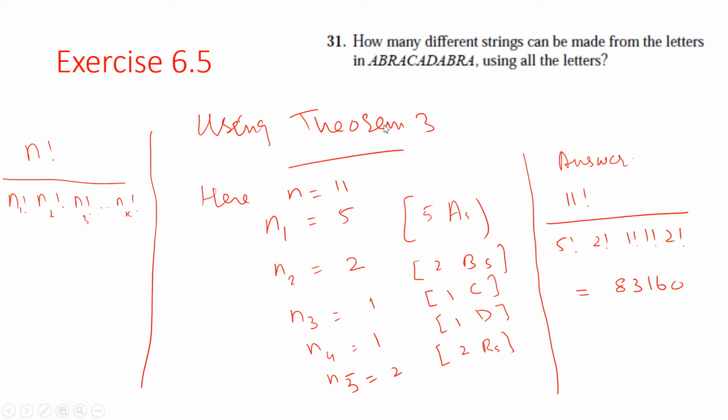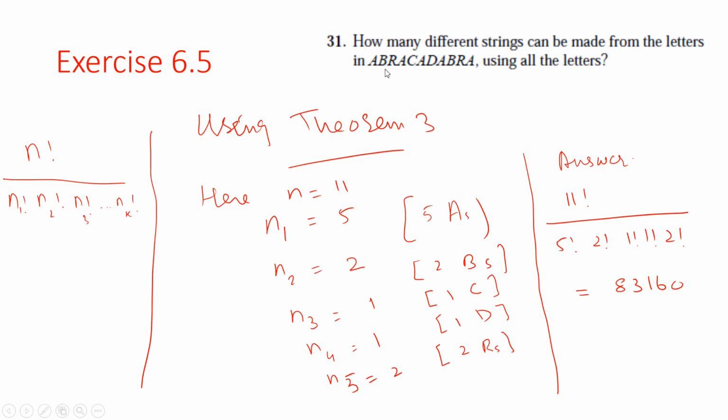So in this case n is 11, because we count all these letters: 1, 2, 3, 4, 5, 6, 7, 8, 9, 10, 11. Okay, so n is 11. Now n1, count A's: 1, 2, 3, 4, 5. So there are 5 A's. n1 is 5. Then B, 1, 2. So there are 2 B's, and n2 is 2.